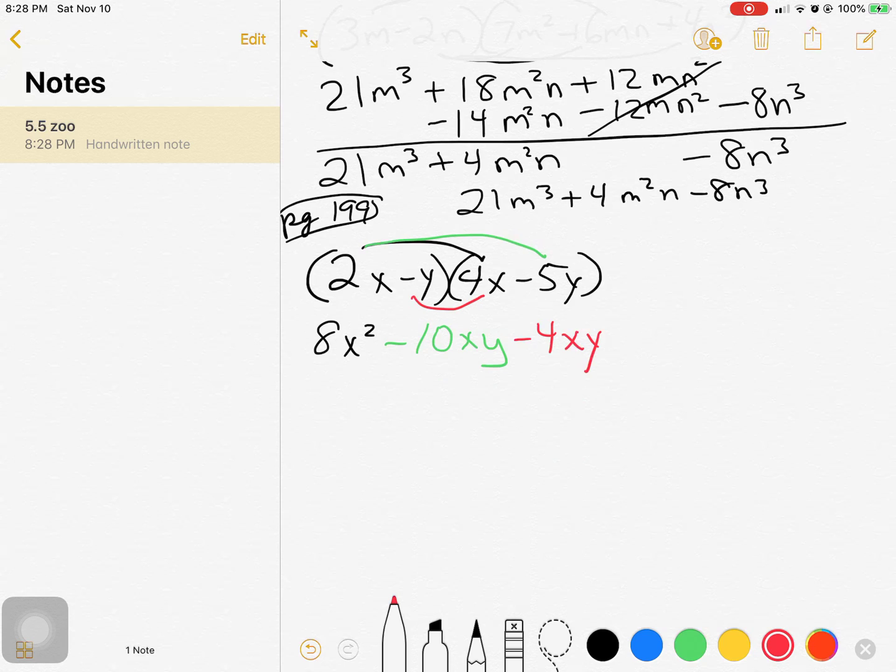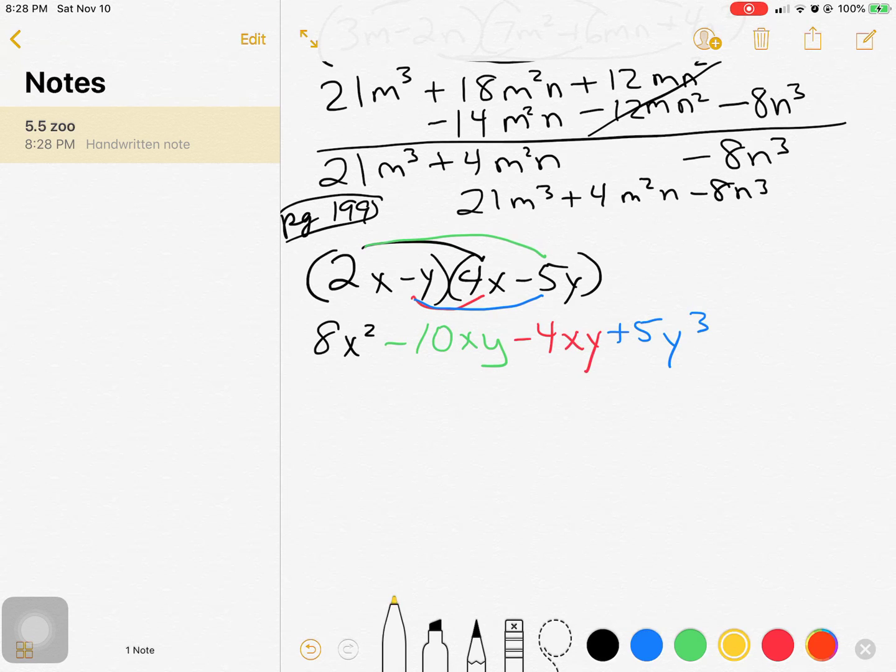Now I purposely am putting these together because 1x and 1y is like terms. It's okay if you put yx on both of them, but I'm going to combine them in a minute, so they should look somewhat like each other. And then a negative 1 times a negative 5 would be a positive 5, and then I have y squared.